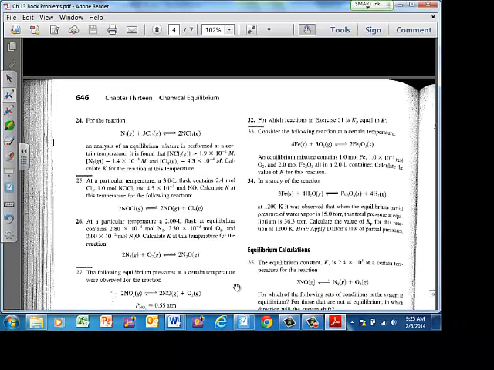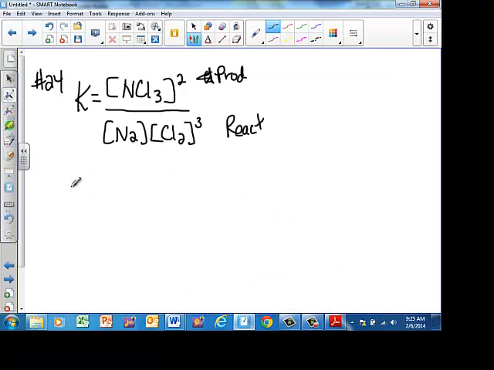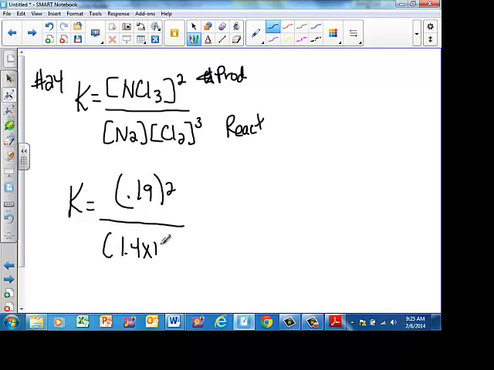And again, those 2's and those 3's simply came from the fact that in the balanced chemical equation they had coefficients. That's it. So now all I have to do is plug and chug those numbers in. So I'm going to put 0.19 squared over 1.4 times 10 to the negative third, and you've got 4.3 times 10 to the negative fourth cubed.